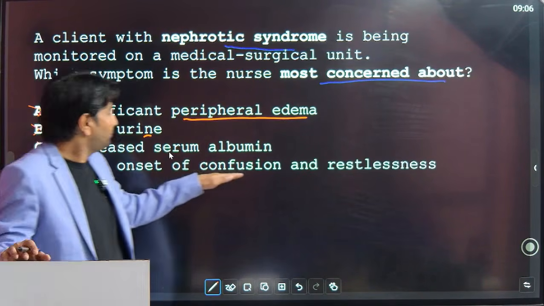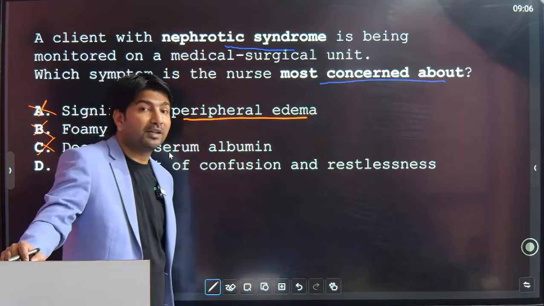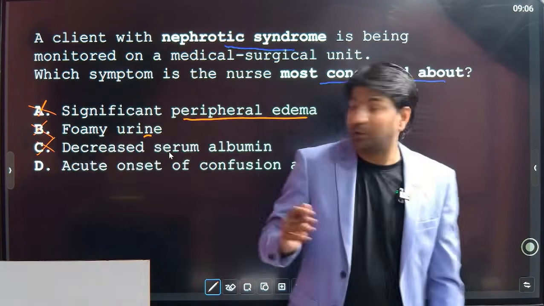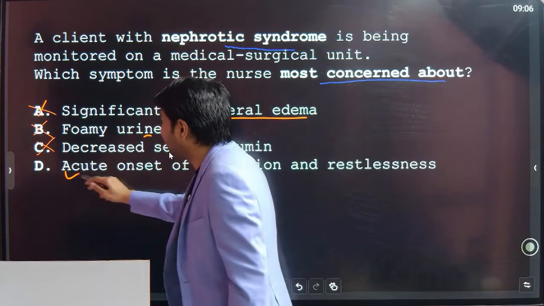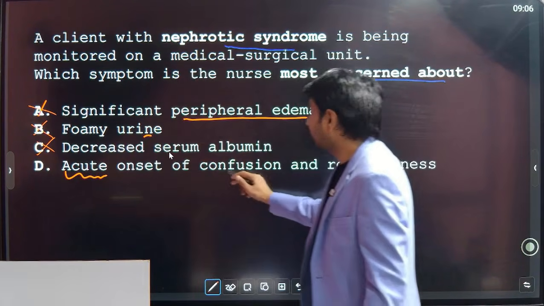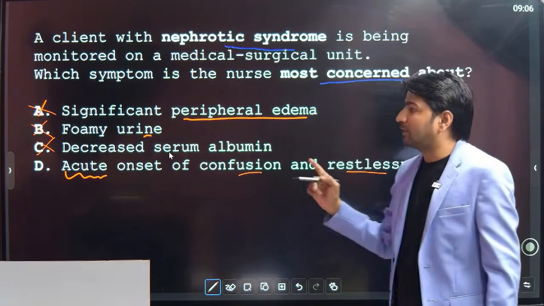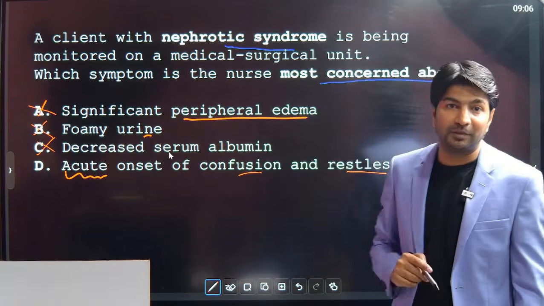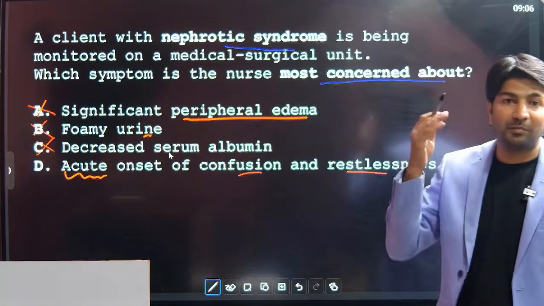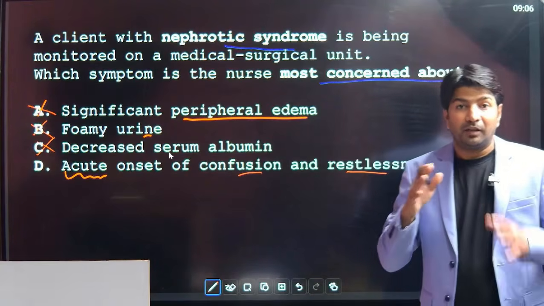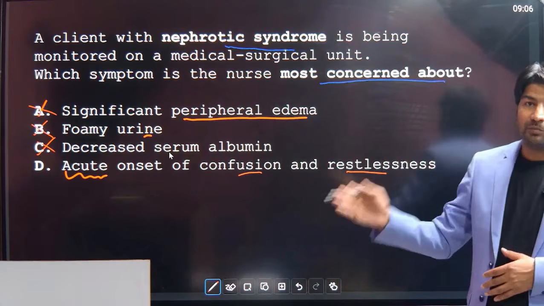Next is acute onset of confusion and restlessness. This means if it's acute in the patient, meaning it just happened suddenly. Confusion and restlessness are neurological symptoms, and neurological symptoms mean cerebral perfusion has decreased.